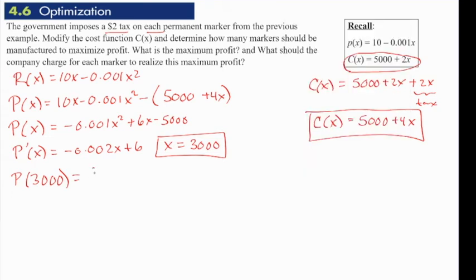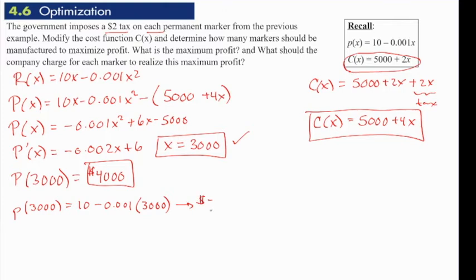And now we have a maximum profit of $4,000. And what should be the price, or what should the company charge for these markers? Now we want to evaluate little p at 3,000. And that would be 10 minus 0.001 times 3,000. And that would be $7 per marker.